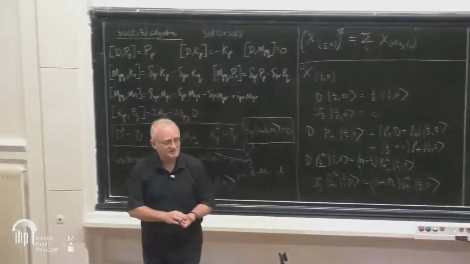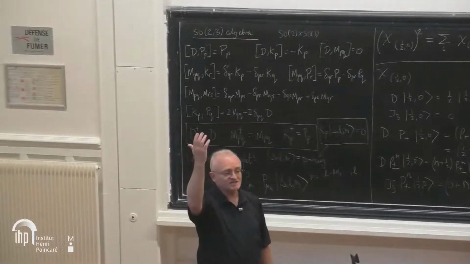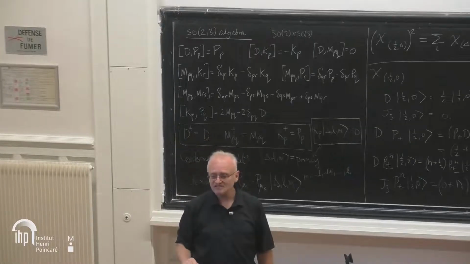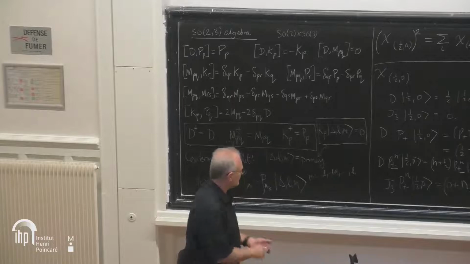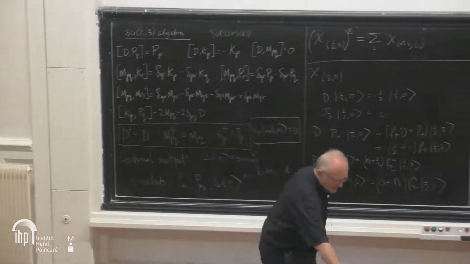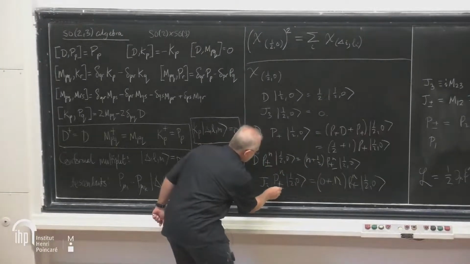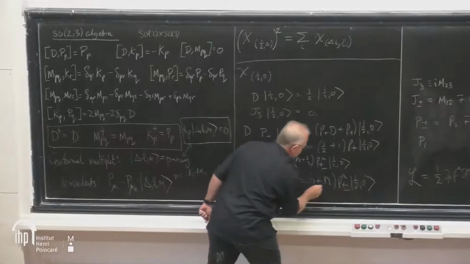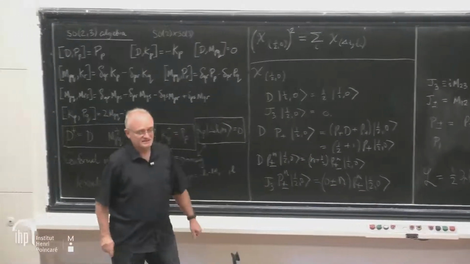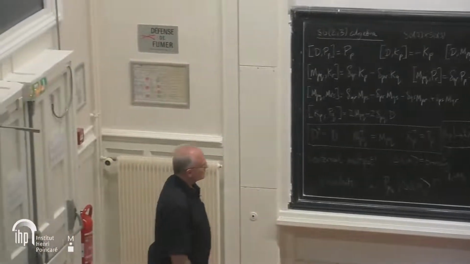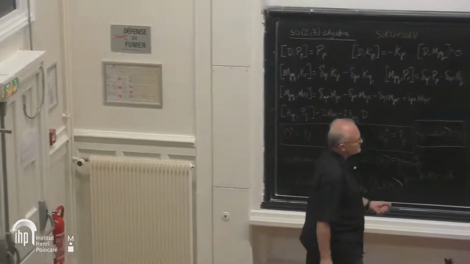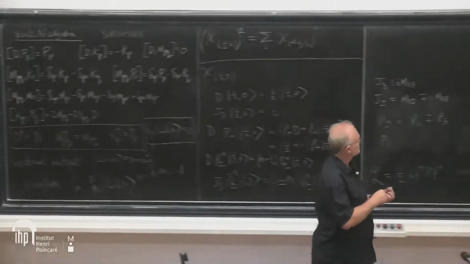So every time we act with P plus, we increase the J3 quantum number. Every time we act with P minus, we decrease the J3 quantum number. So if we had acted with P minus to the power of n, we would have gotten a minus sitting over there. By the way, let me write down one more.